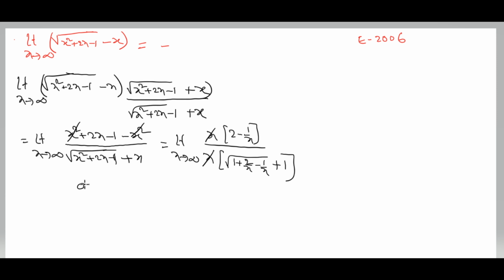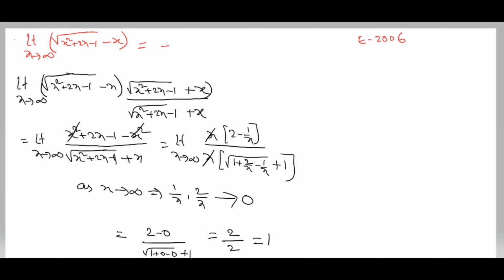As x tends to infinity, 1 by x, 2 by x tend to 0. Substituting 0 in these values, that is equal to 2 minus 0 by square root of 1 plus 0 minus 0 plus 1, that is equal to 2 by 2, that is equal to 1.